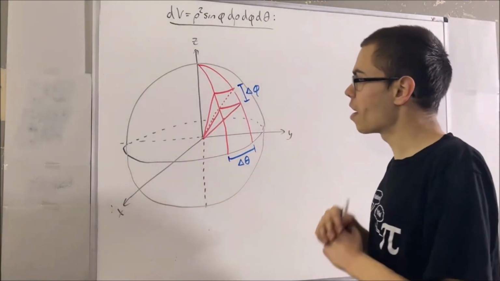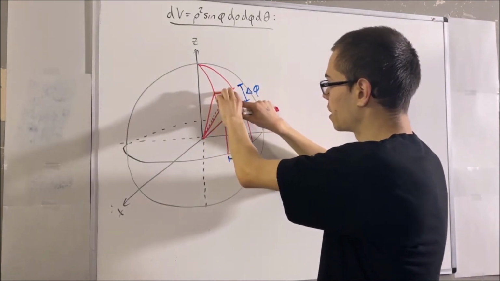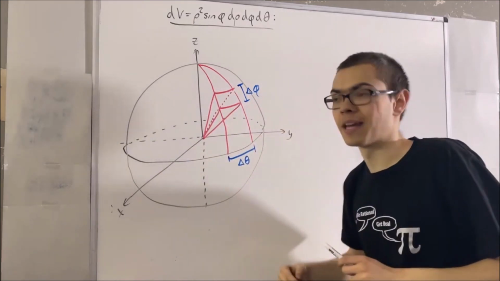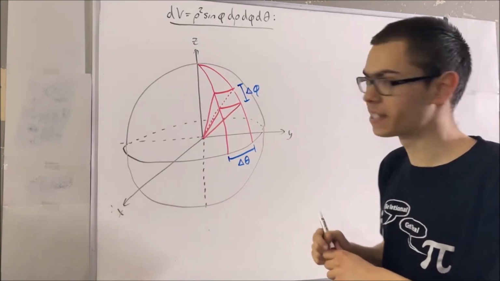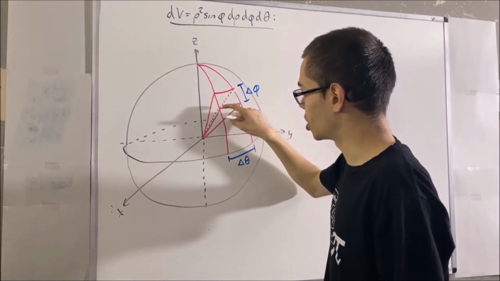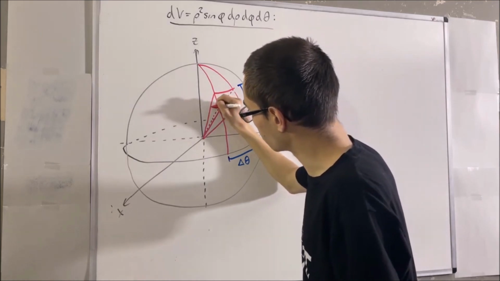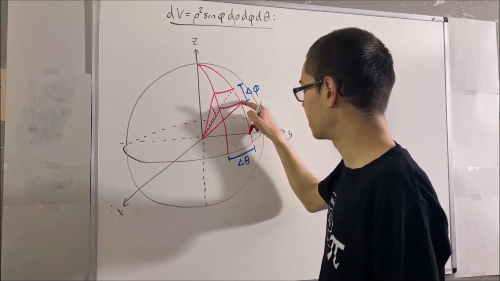Now, imagine we were to take these two lines of longitude and these two lines of latitude and project them down into the Earth's surface the same amount of distance. So what that means is, for instance, let's say we take this line of longitude and project it down into the Earth's surface like that. We're going to project this line of latitude the same amount of distance.